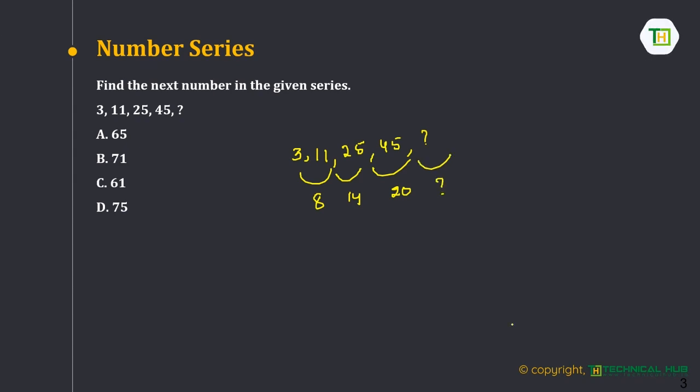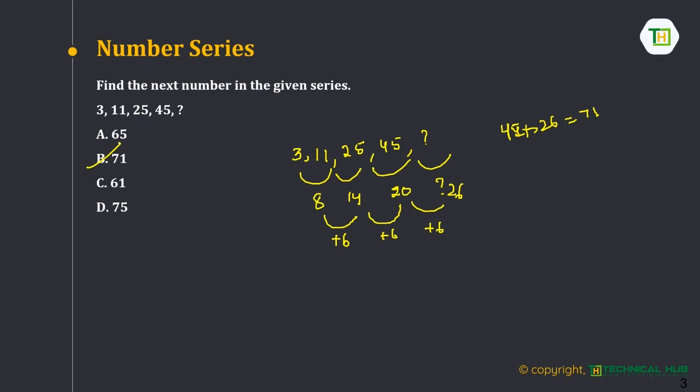If you observe the differences, 8 plus 6 is 14 and 14 plus 6 equals 20. The next difference should be 20 plus 6, 26. If the difference is 26, the next number is 45 plus 26 equals 71. Hence, option B is the correct answer.